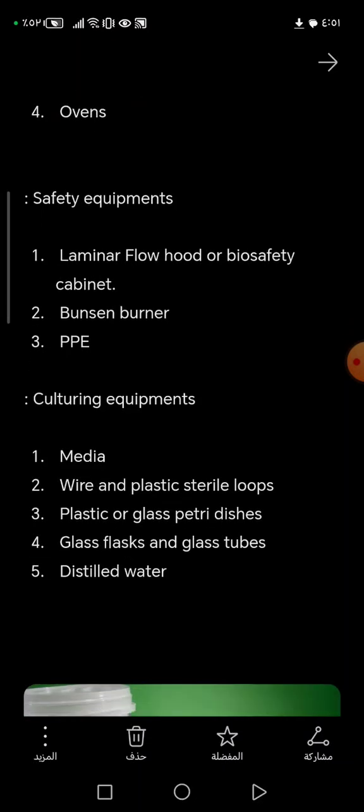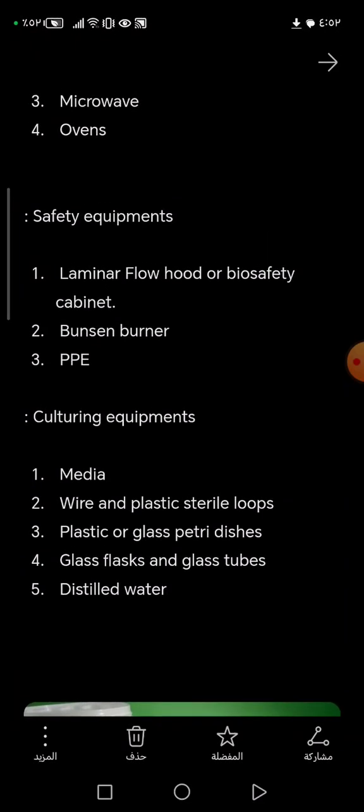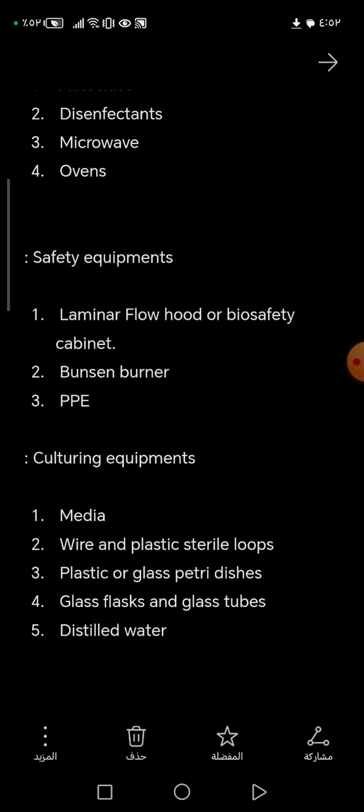So before doing any tests in the biosafety cabinet, first, of course, you disinfect the area. You disinfect the area of the biosafety cabinet that I will show you now. You disinfect it by any good disinfectant, and after that you will turn on the ultraviolet light.